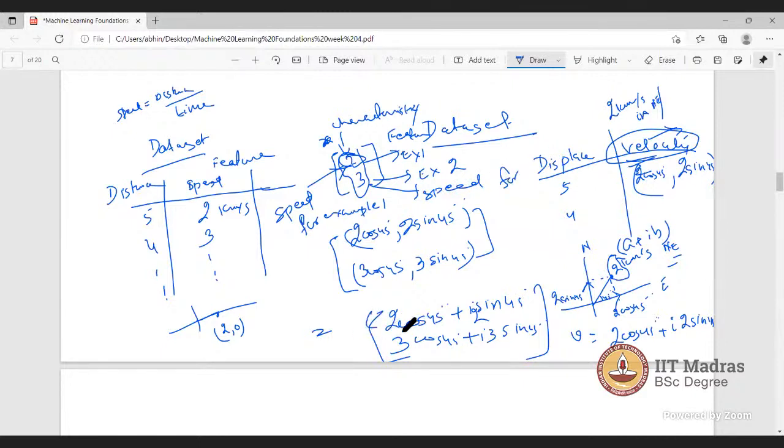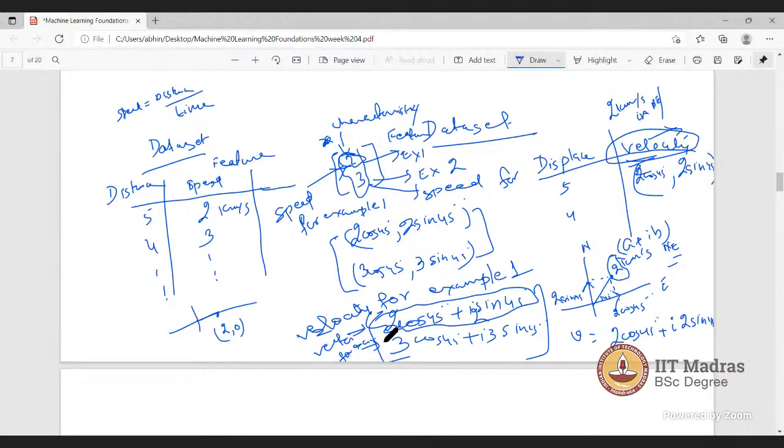Similarly, here, this 2 cos 45 plus i 2 sin 45 will represent velocity for example 1. By example, I mean data of the training set, the first data of the training set. And this will represent velocity for example 2.